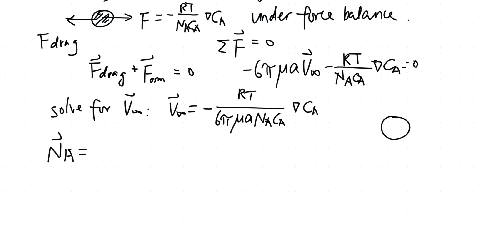Because it's dilute, this single particle doesn't interact with other particles, and for itself, when we talk about flux, one single particle doesn't diffuse. Diffusion is a phenomenon of a collection of particles.